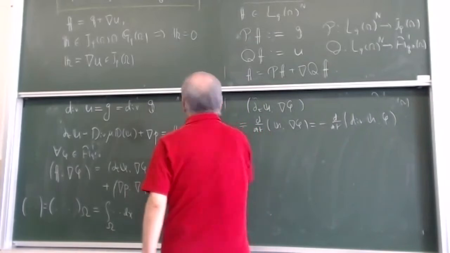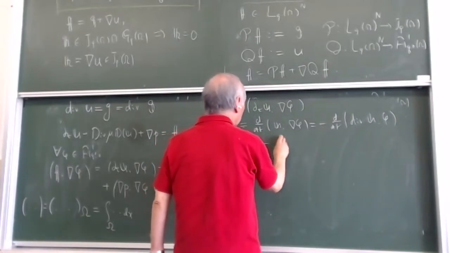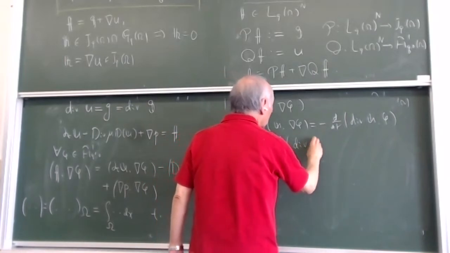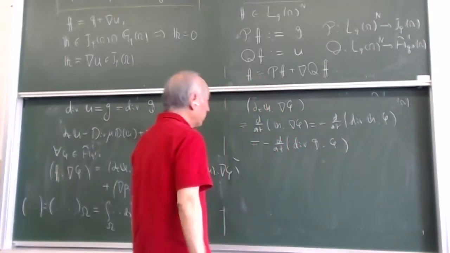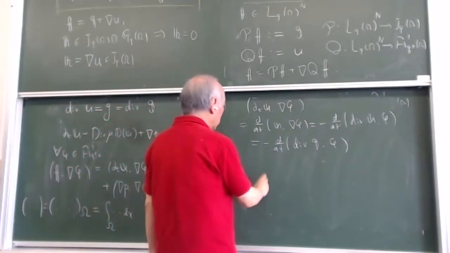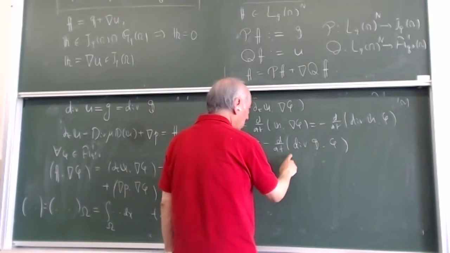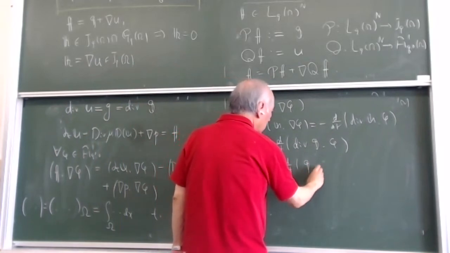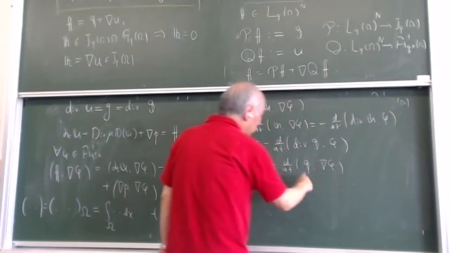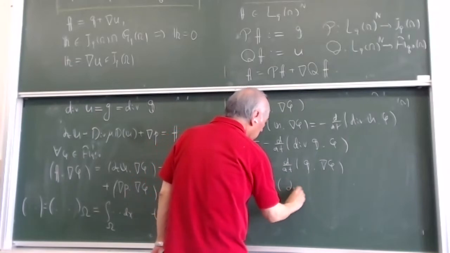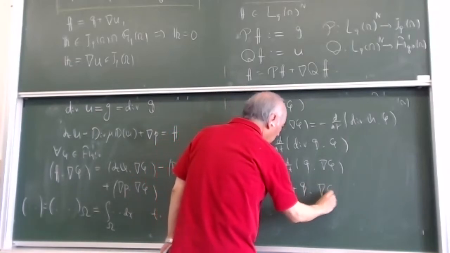So divergence u equals divergence g. So it's a rather formal calculation, but anyway, you get this.